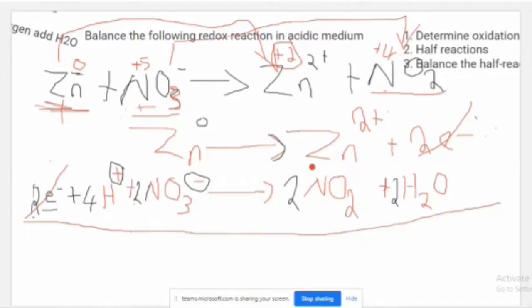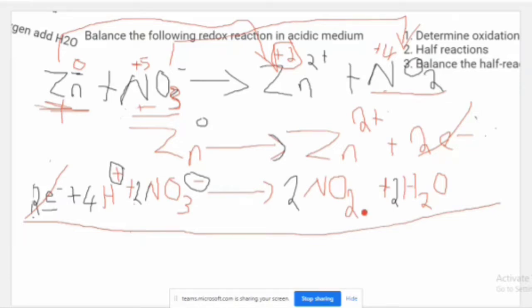Yes, because we are multiplying this whole equation by 2, because we needed to make sure that we have enough electrons. Okay, so we had 2 there, 2 times 2 is 4. I've multiplied everything in this equation by 2. Okay, that's noted. All right, wonderful.